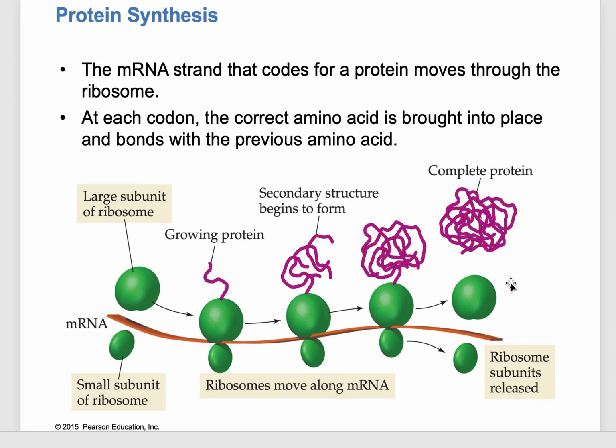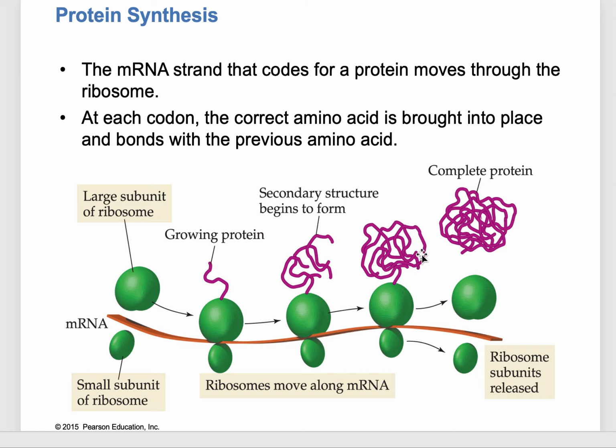And here it is. So you've got the ribosome with two subunits, the large one and the small one, working together, moving along the mRNA, reading the code, and then the transfer RNA brings in the amino acid, connected together. And by the time it reaches the end, we've got a long chain of amino acids connected together.